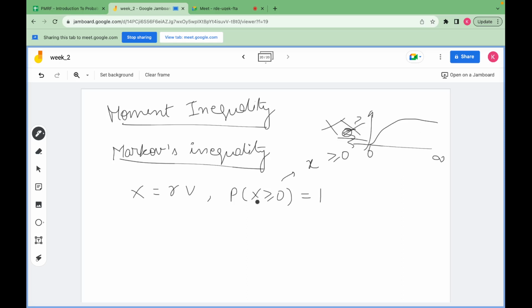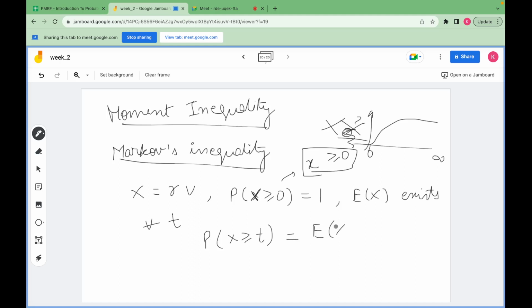So this means that x is always defined for x greater than or equal to 0. So if this is the case, and that the expectation of x exists, then for all t we can say that the probability that x is greater than or equal to t is less than or equal to expectation of x by t.